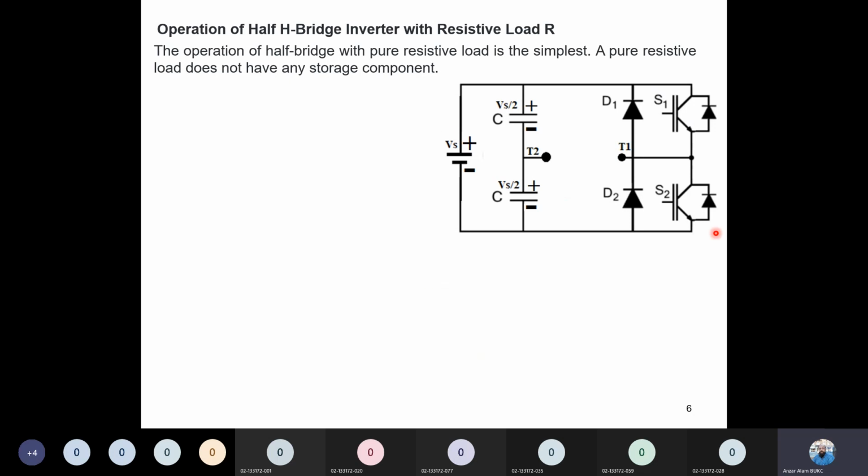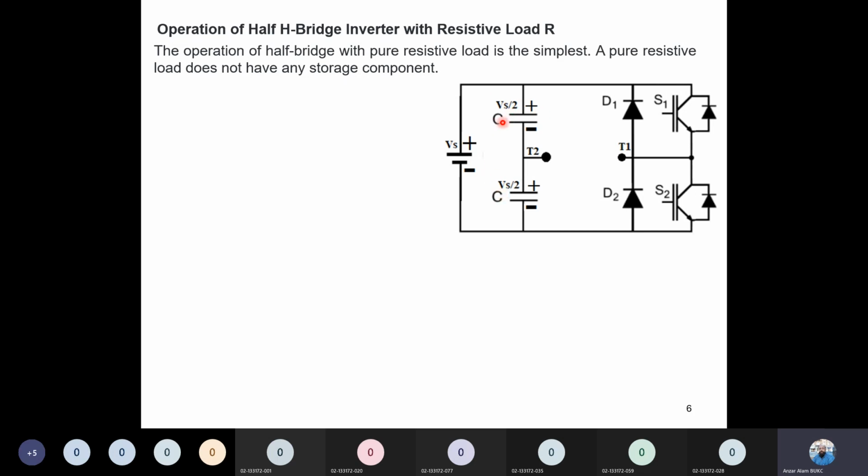So what is this? This is the inverter, as I showed you before. Here we need 2 separate supplies. Suppose you have 200 volt, then we want to have 100 volt here and 100 volt here. So what will we do?